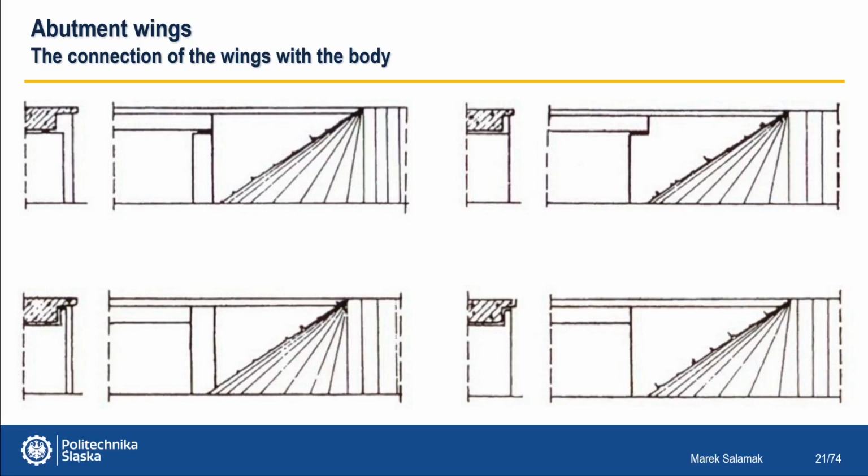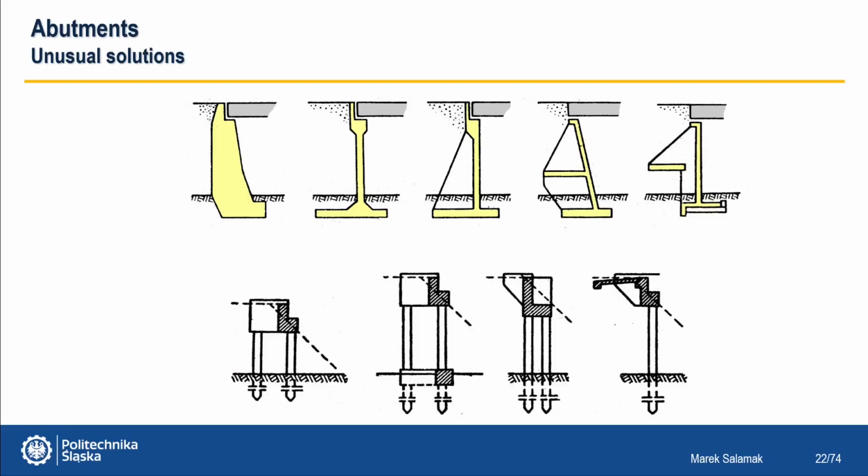In the lower ones, they are masked with a wing wall. A few more unusual solutions for abutments, from massive to more slender and with light shelves up to pile abutments of various heights and shapes.